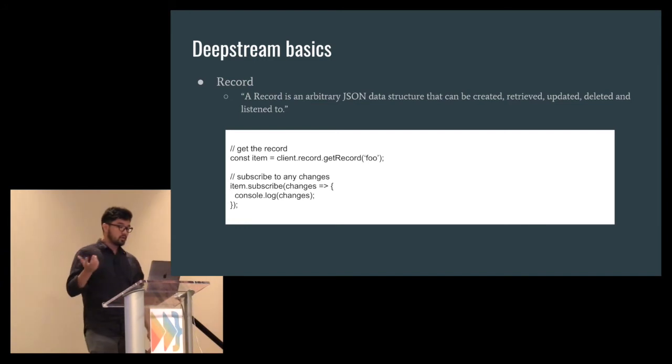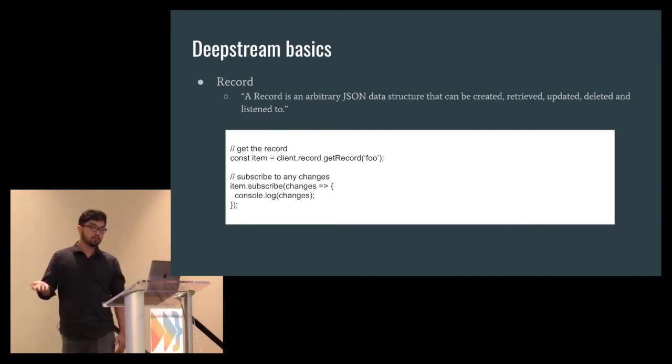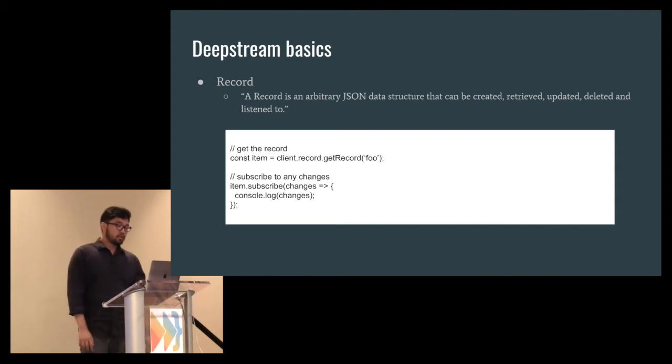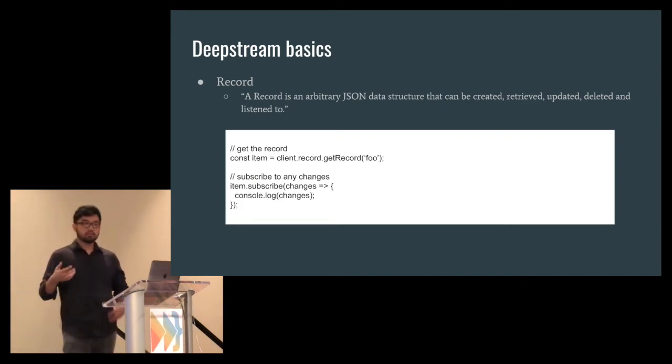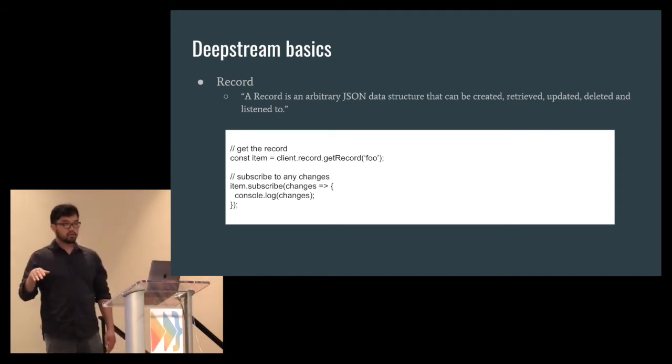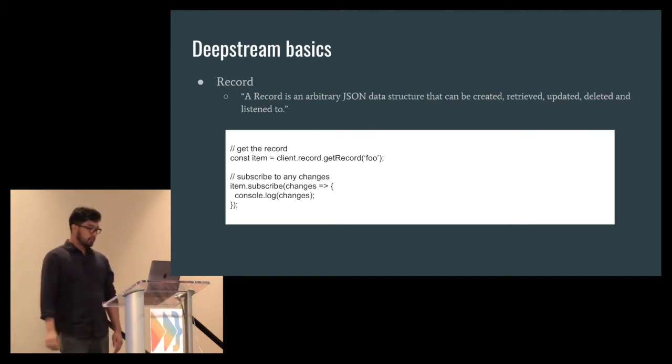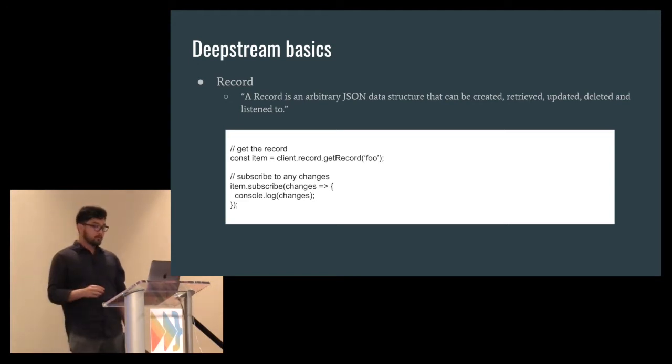You just call client.record.getRecord, and you pass in a record key, and it retrieves the item from the Deepstream server, and you're able to use it as if it's a real-time object. Any changes that you make to that record are published to all the clients that are connected to it. So you just subscribe to an item, and then you listen to it, and you can see the changes going on.